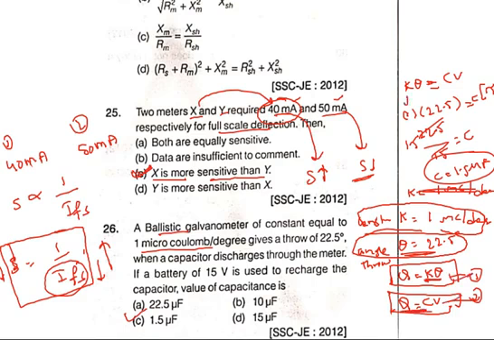K means constant value 1, theta is 22.5, C value we don't know, V value is 15 volts given. Just substitute here. 1 into 22.5, 22.5 equals C into 15. Here 15 is multiplying, so sending it to this side, it will divide. So 22.5 by 15, how much? 225 by 15 is 15, and since there is a decimal point, write the point here. So C equals 1.5 microfarads. Okay, so this is the solution. So 1.5 microfarads is the correct answer.